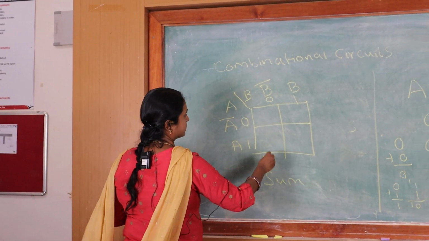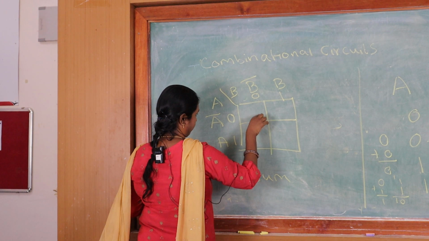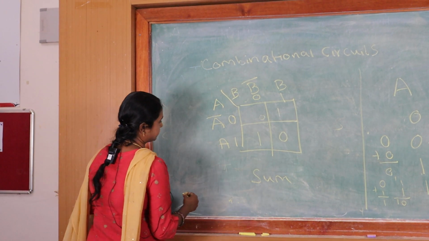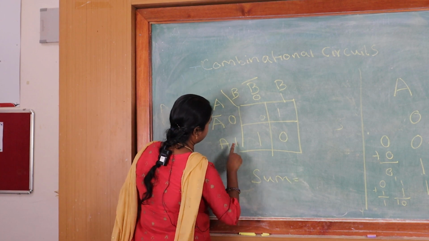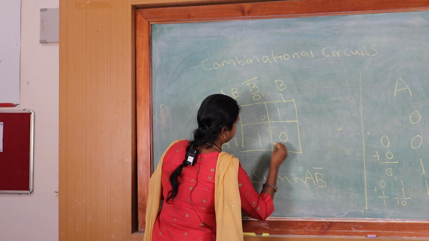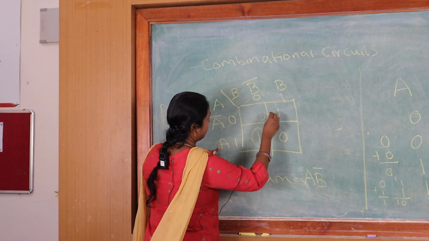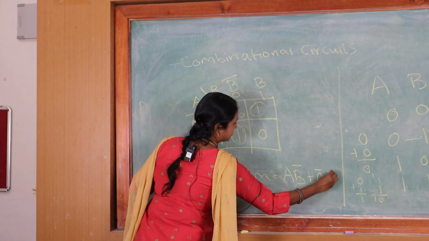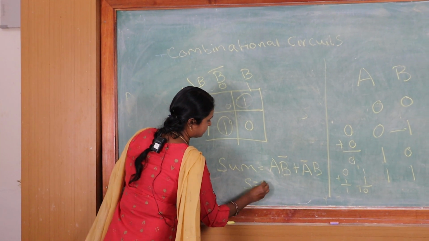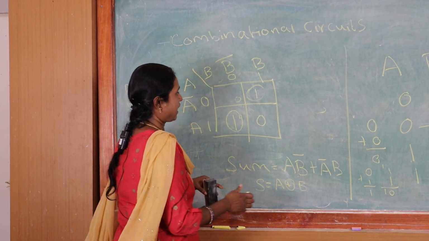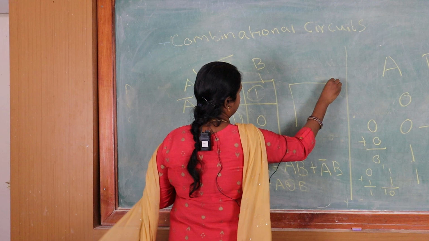Now take the sum output. What is the place value here? 0, 1, 1, 0. So we have to write the expression. Sum is equal to A B bar plus A bar B. So the sum expression will be A XOR B. Similarly we have to do it for carry also.